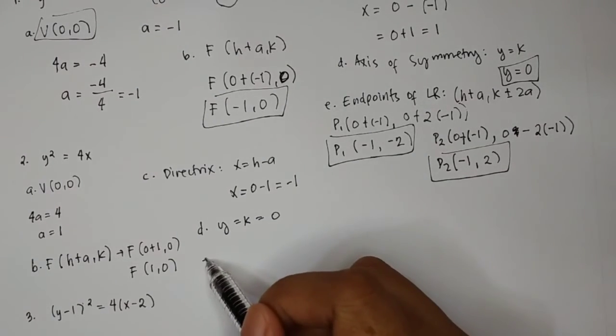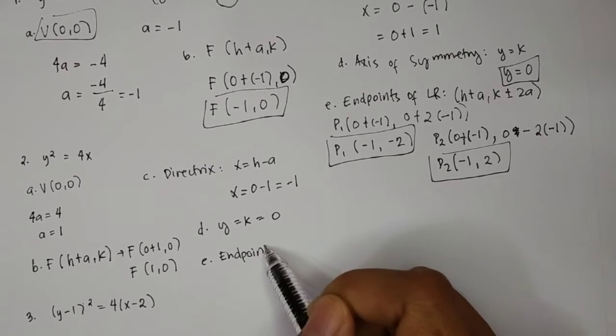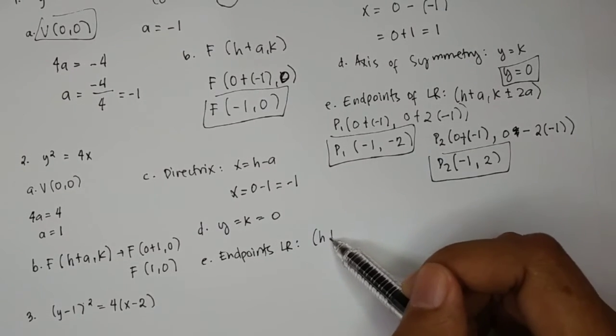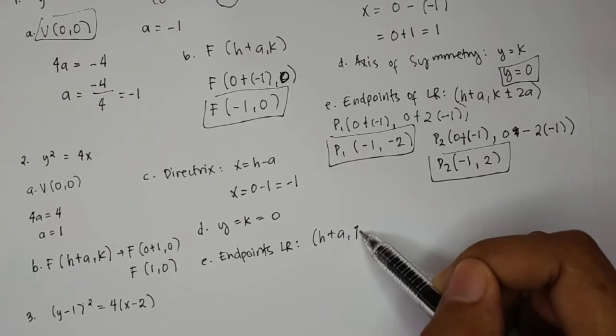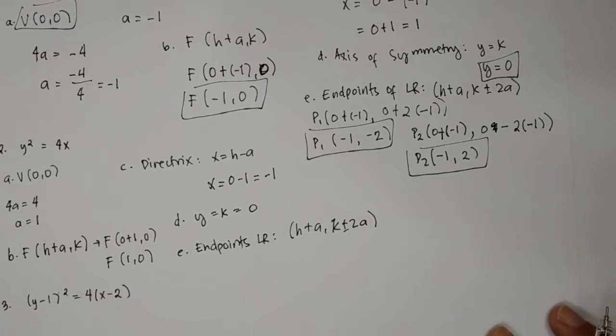And yung endpoints ng latus rectum, we have h plus a, comma, k plus minus 2a. So, ganyan yung formula ha.